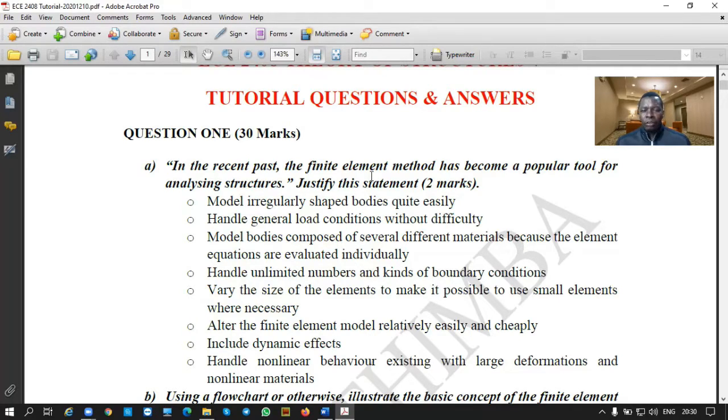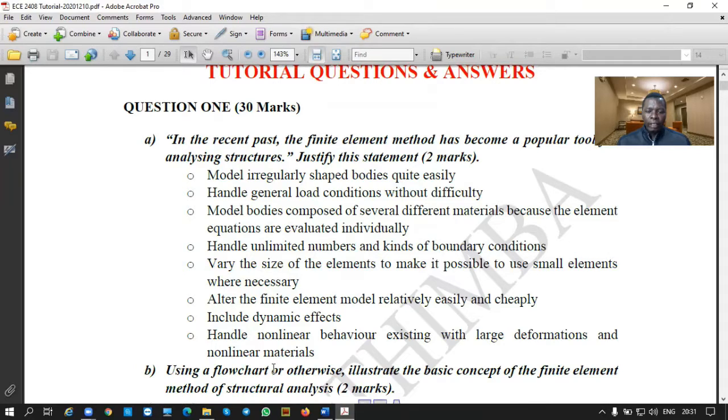So the reason why it's popular: one can model irregular geometry, because with the analytical methods you have been using, like Macaulay's method, we have challenges in handling general conditions and complex boundary conditions.